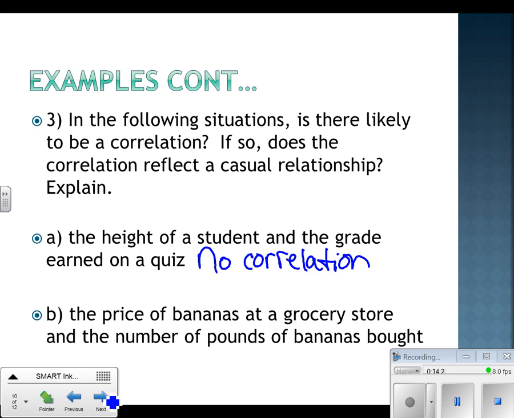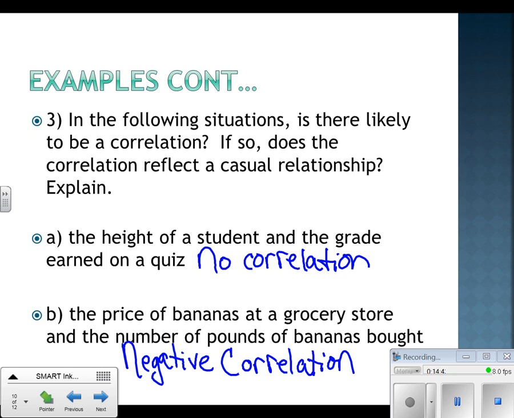In this next one, the price of bananas at a grocery store and the number of pounds of bananas bought. This one would be a negative correlation. The reason why this one is a negative correlation is, first of all, how many bananas are going to be sold is definitely depending on the cost. So as the price decreases, you will sell more.